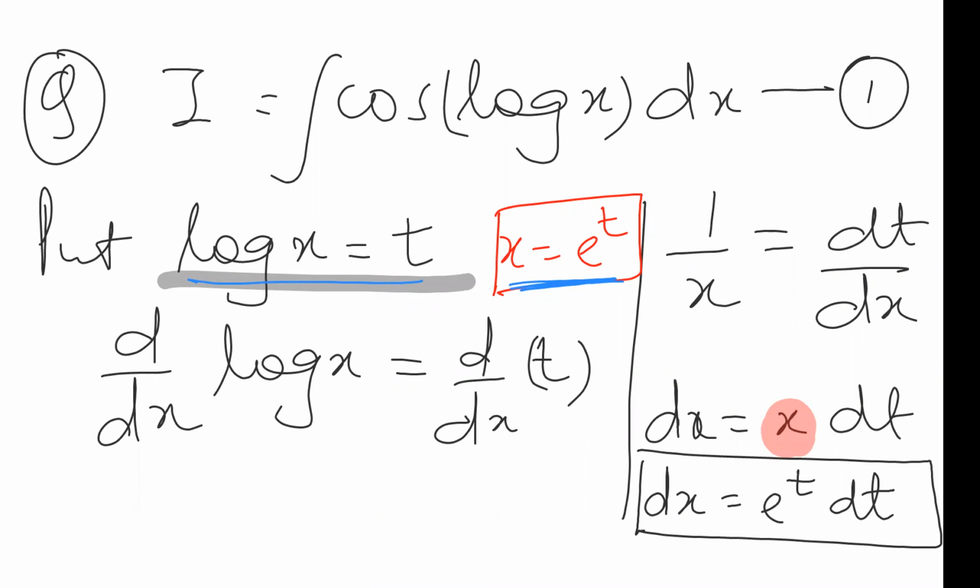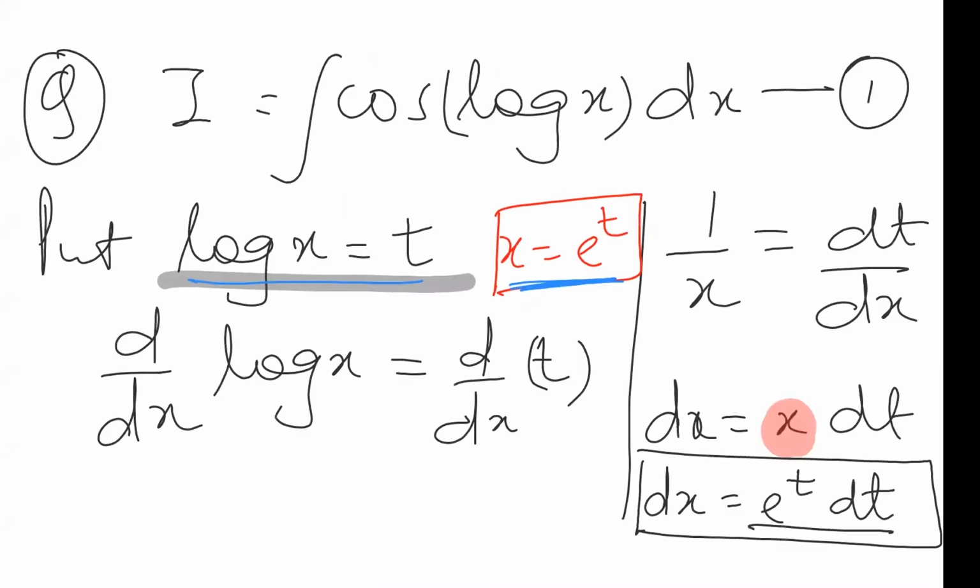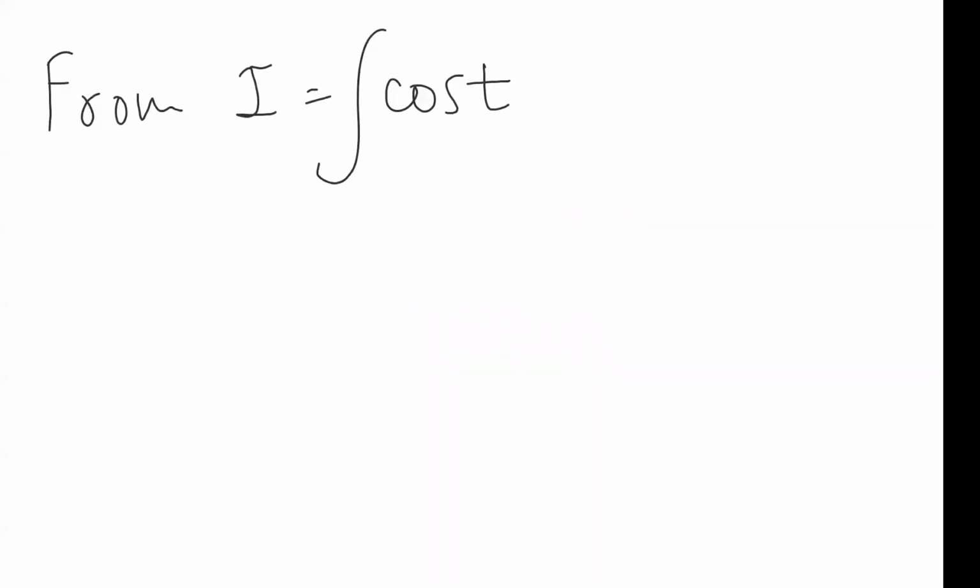Furthermore, what I'll do is I'll go back to equation number 1 and I'll write from 1, integration cos t, because log x is t, and dx is e raised to t dt.